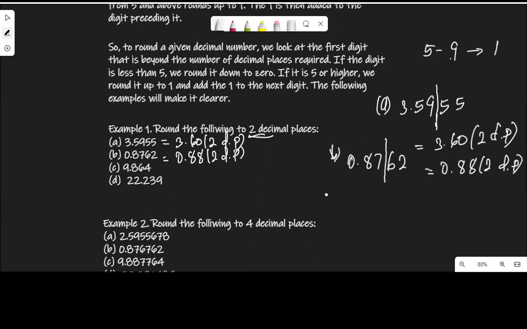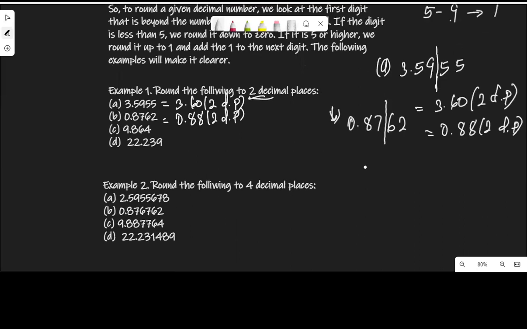Let's move on to question C. Question C, we have 9.864. Want to round it to 2 decimal places. As it is here, these are 3 decimal places. So in 2 decimal places, this is the position. We use a line to demarcate it. The next number to it is 4.